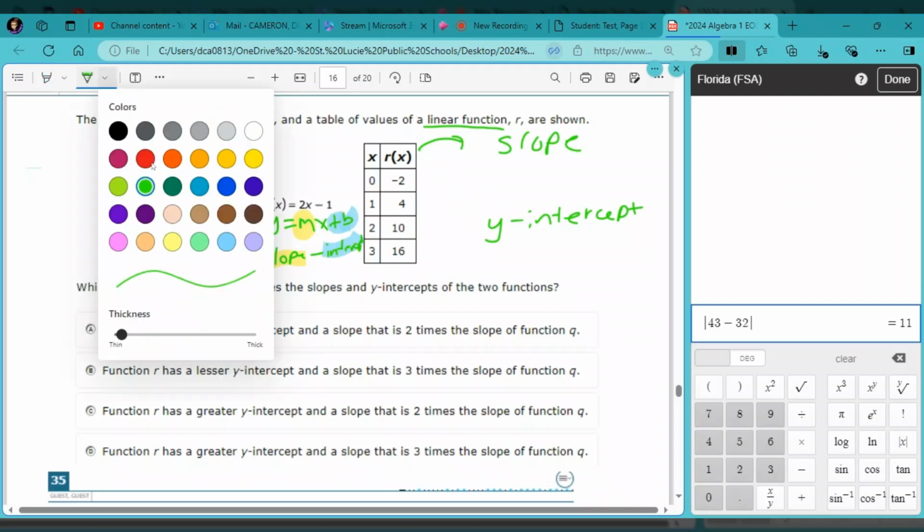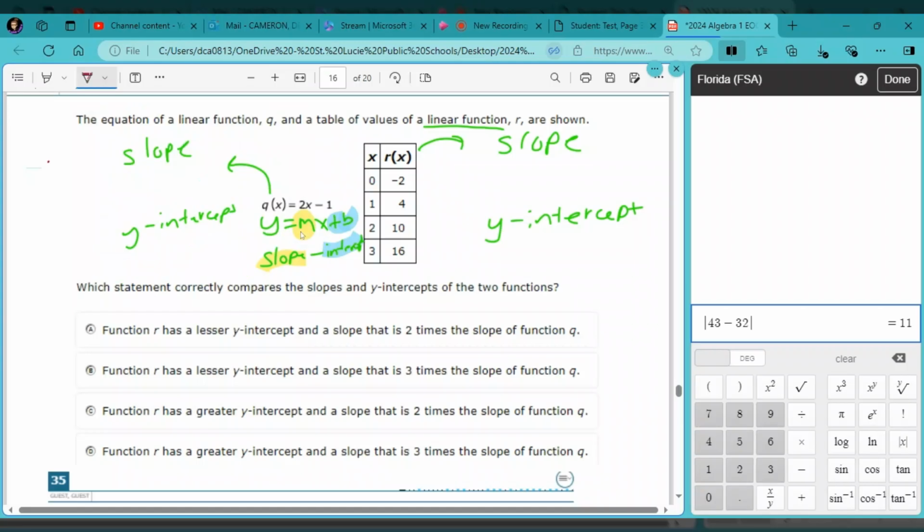So here, your slope is the 2, and your y-intercept is the -1. And then when we're looking at the table, you have values of x, y.